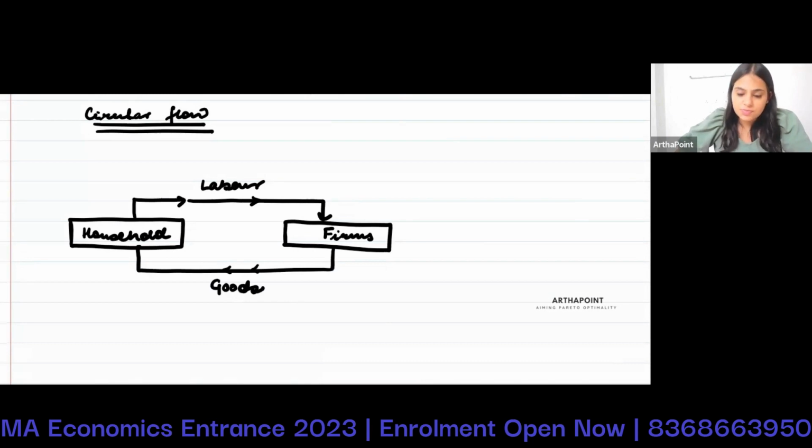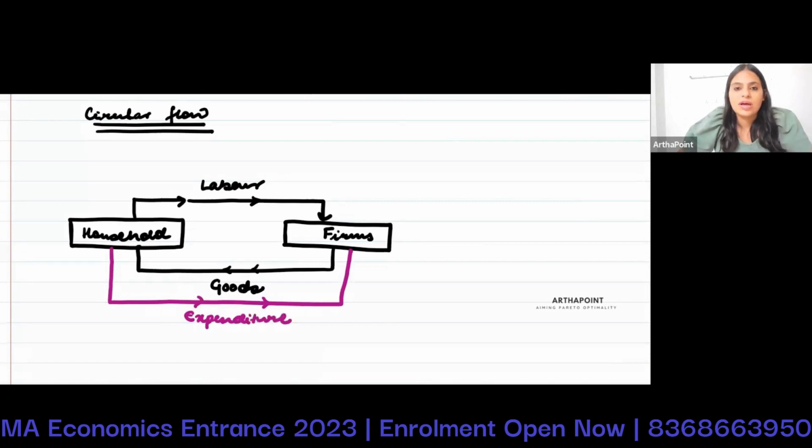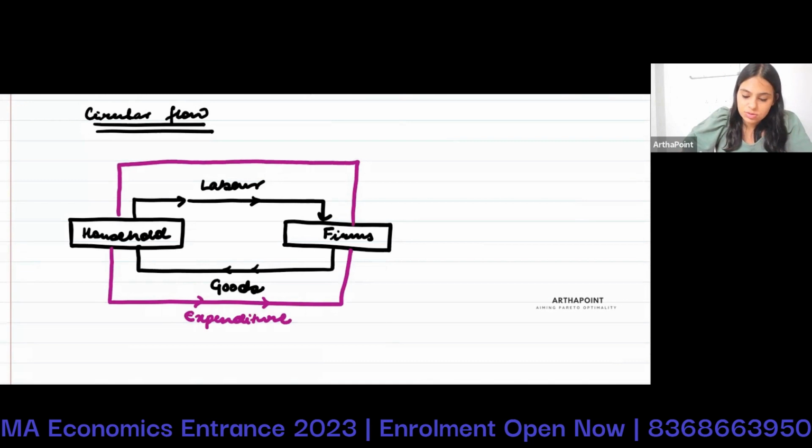For these goods, the households will go ahead and give money to the firms. So there will be some expenditure. And against this, the firms would earn some income. It will give some income to the household. This is the most simplest circular form possible.